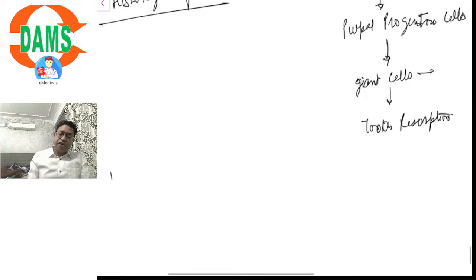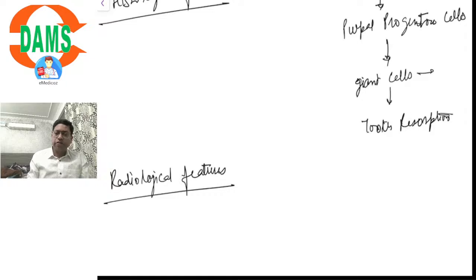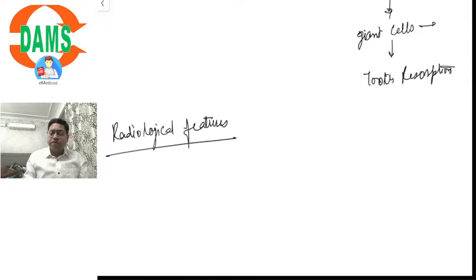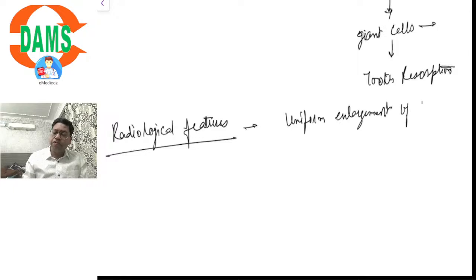Now we talk about radiological features. If we look at the radiological features, there is a uniform enlargement of root canal.